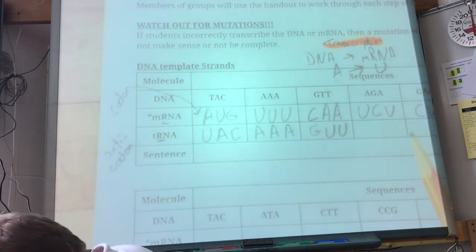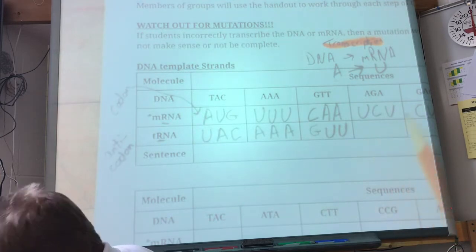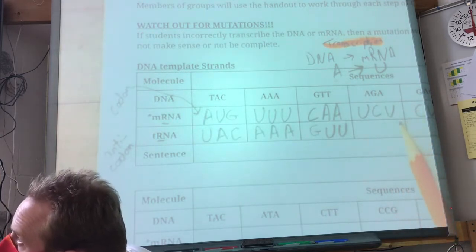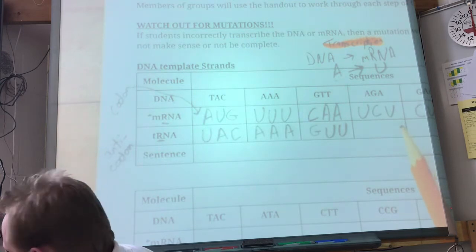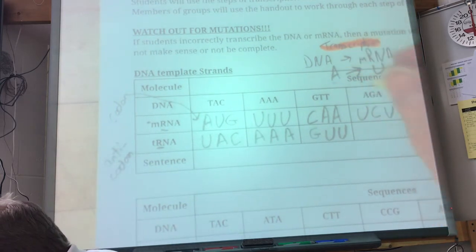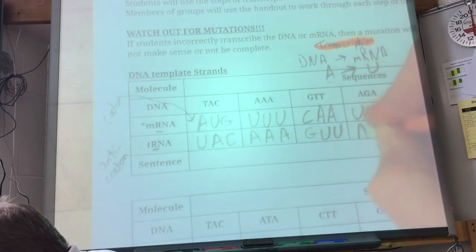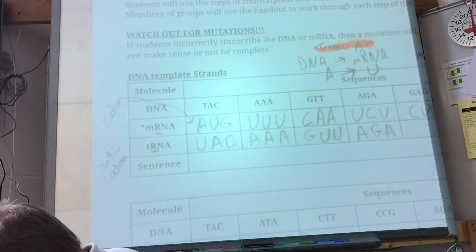Okay, 5 seconds. What's the complement of U, C, U? All right, what's the complement of U, C, U? A, G, A. Try the last 9 if you haven't done so already.